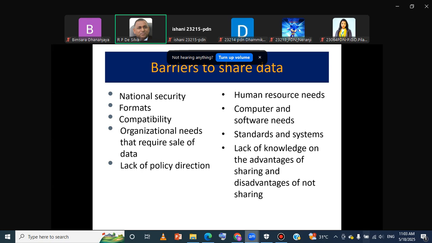Today, if you look at most of the problems, not only NSDI, most of the problems that we have are due to lack of policy directives. For example, we had the coconut crisis.